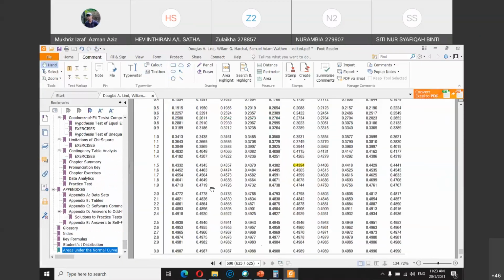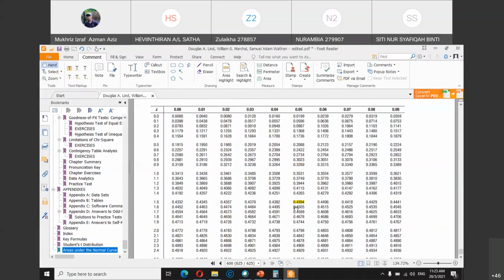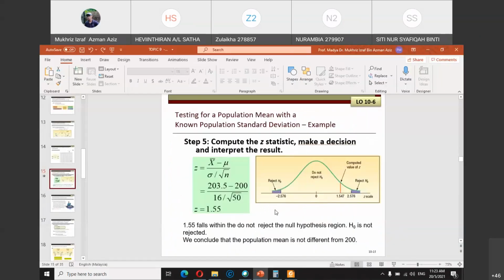We know it is 0.4394. Then 0.5 minus 0.4394 gives 0.0606. So that is the p-value. If it is a two-tail test, you need to divide it by 2. But if it is a one-tail test, either on the right or on the left, the p-value is 0.0606, for that example where Z is equal to 1.55.